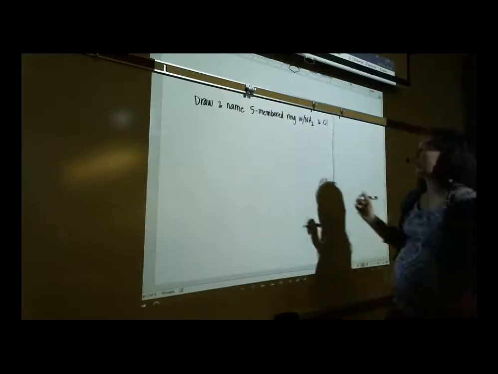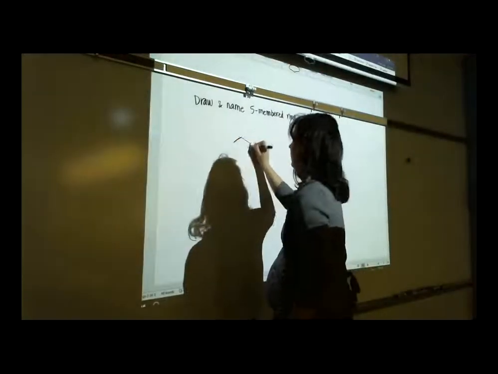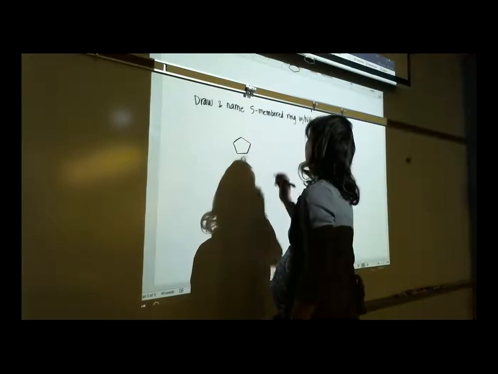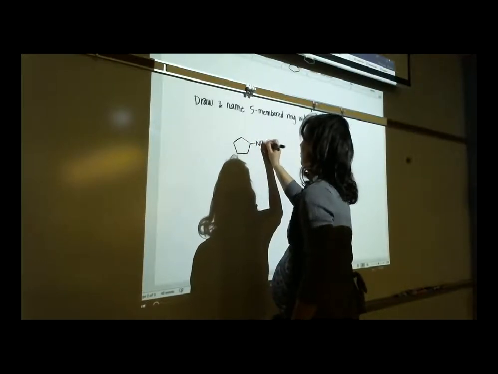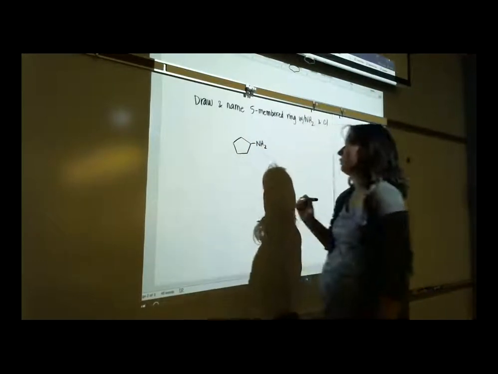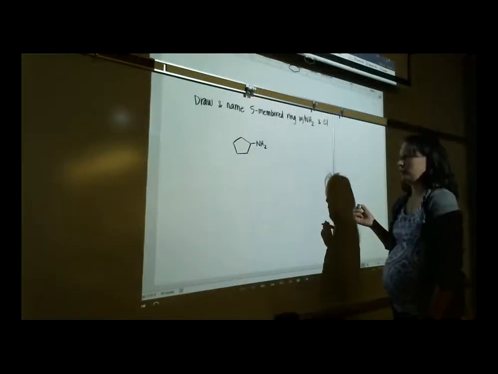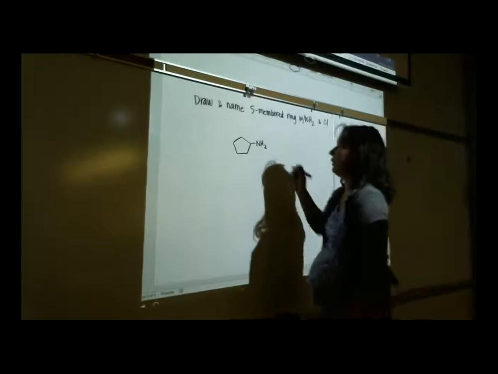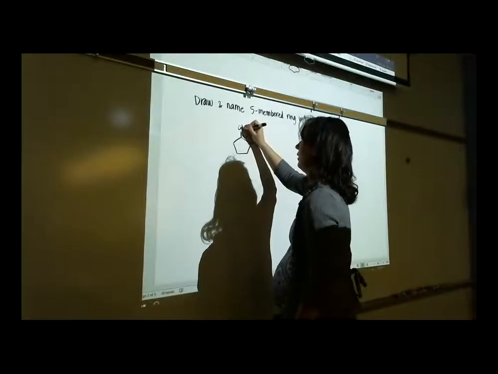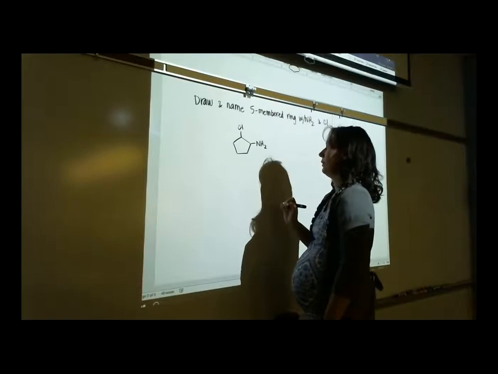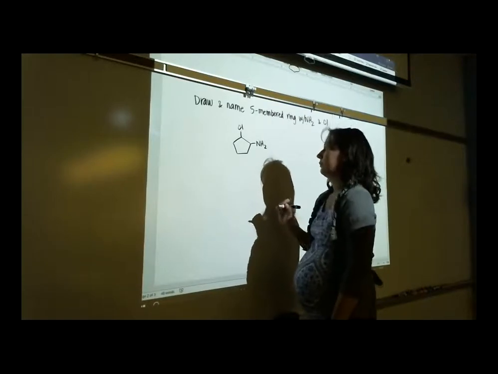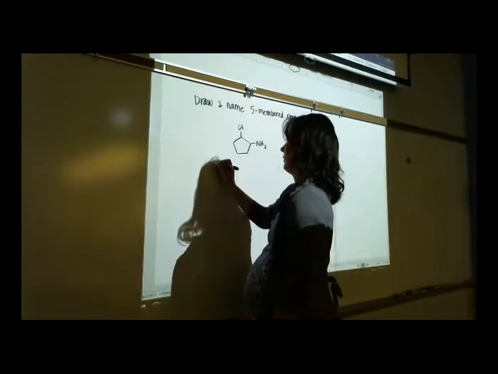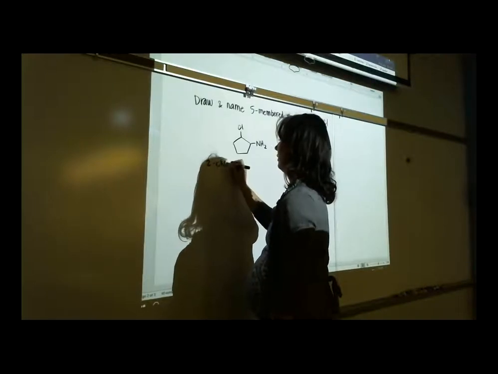Okay. So if we were doing this, there's our 5-membered ring. There's NH2. There are only 2 choices, really, for the name, right? Because you could have the chlorine here, and what would the name of that be? It's still 2-chloro, yep.